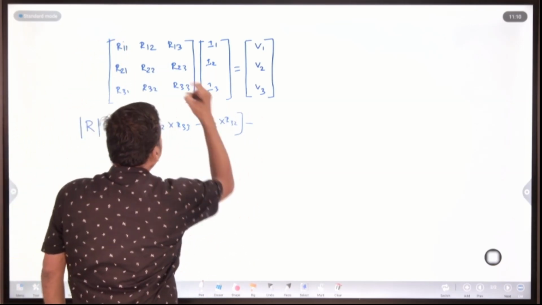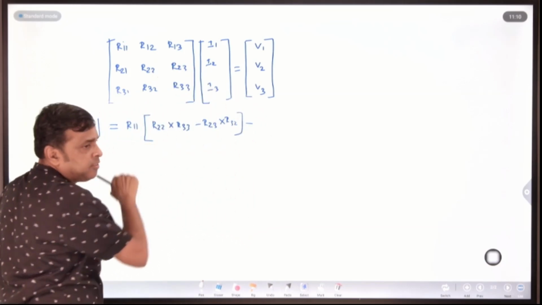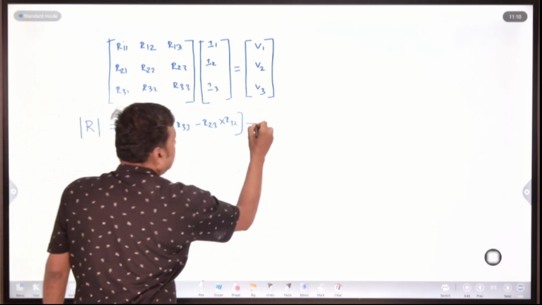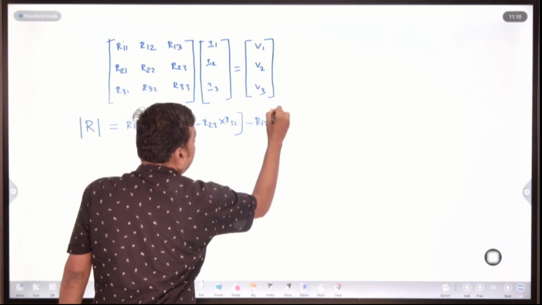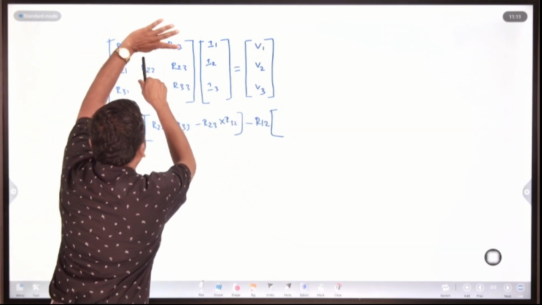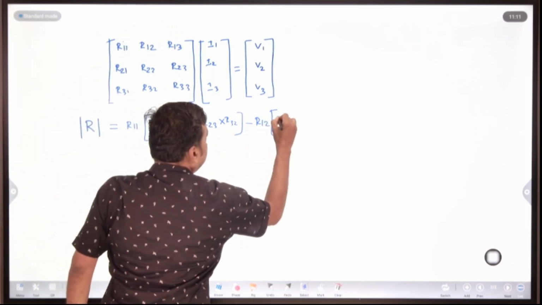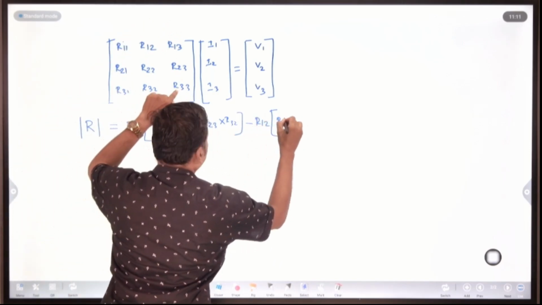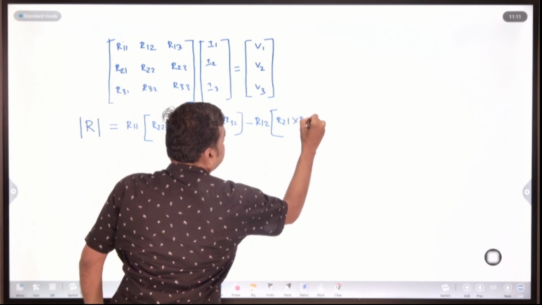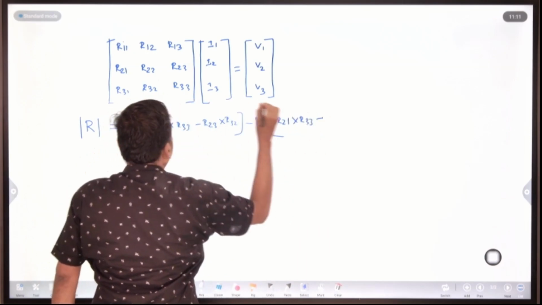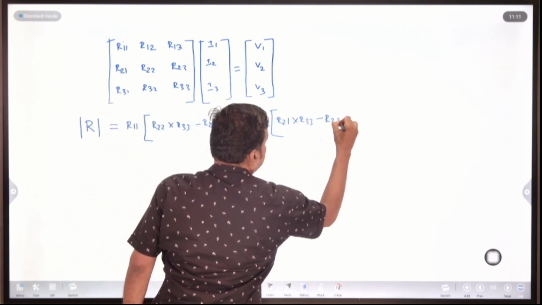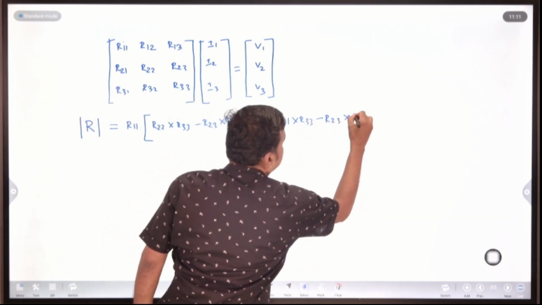Then the middle term will be minus. Then the second term, R12 whole into, if you close this one, you will get R21 into R33 minus R23 into R31.